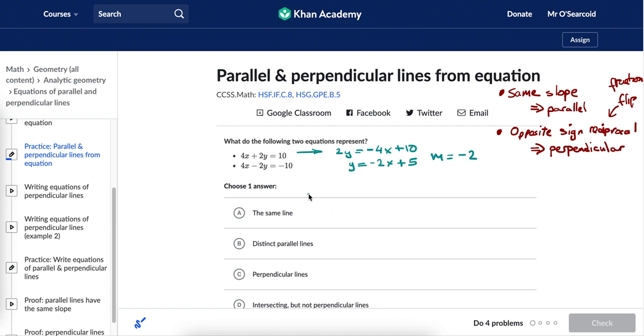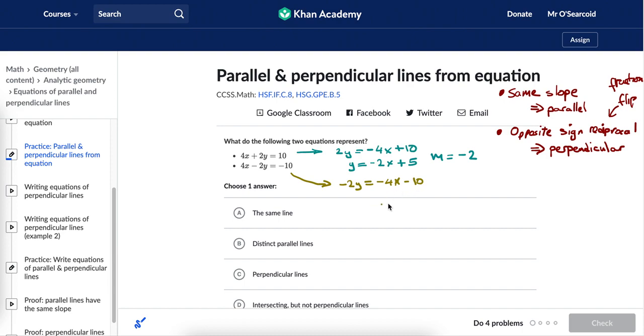Let's look at the second one. First we subtract the 4x from both sides, which gives us negative 2y equals negative 4x minus 10.